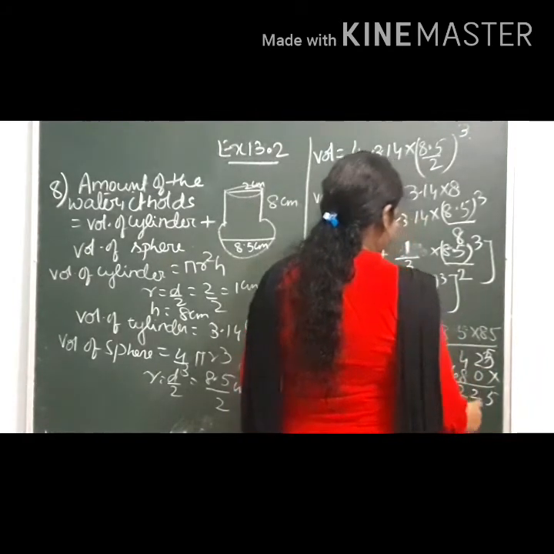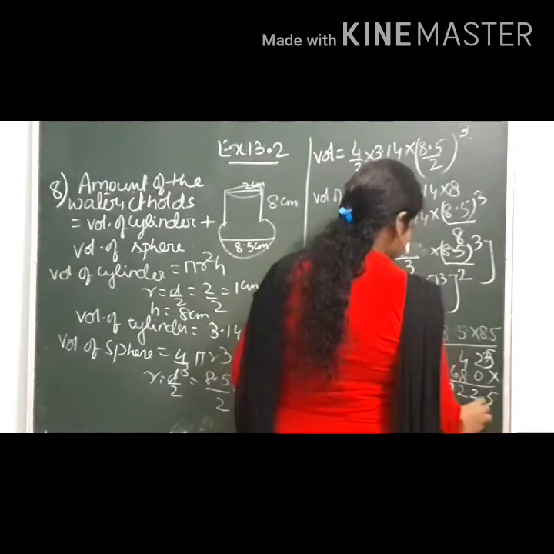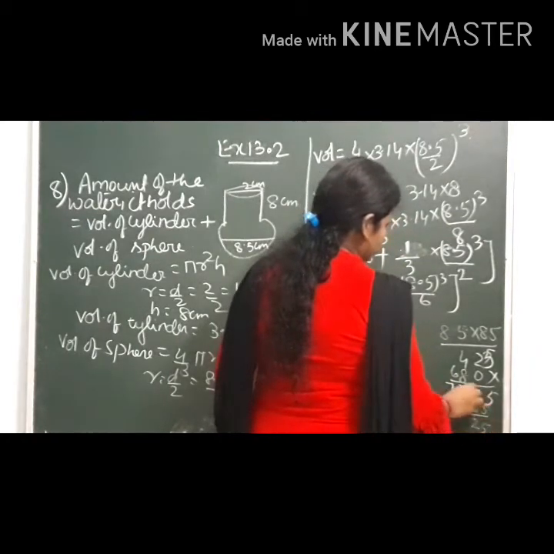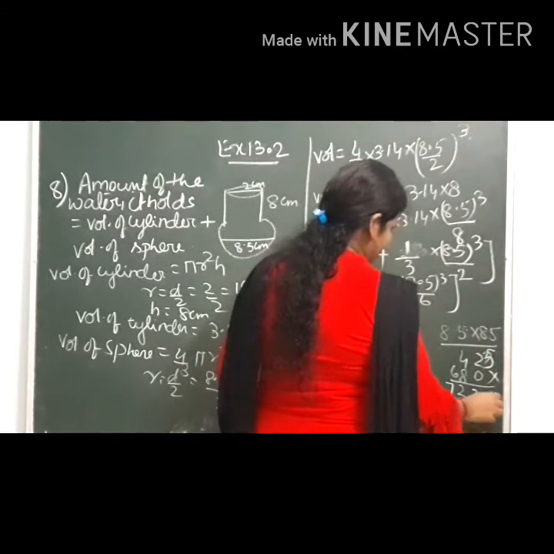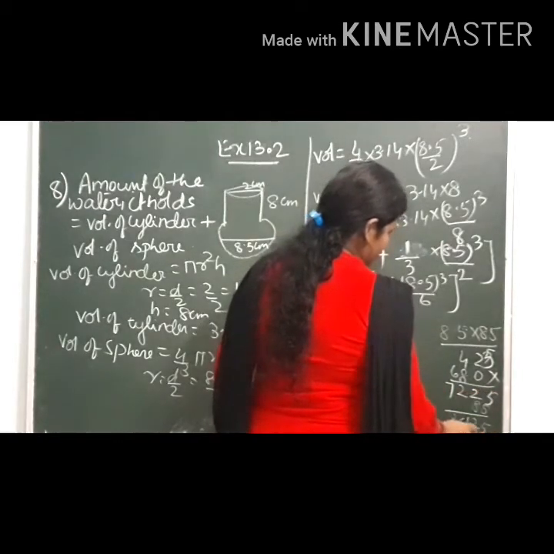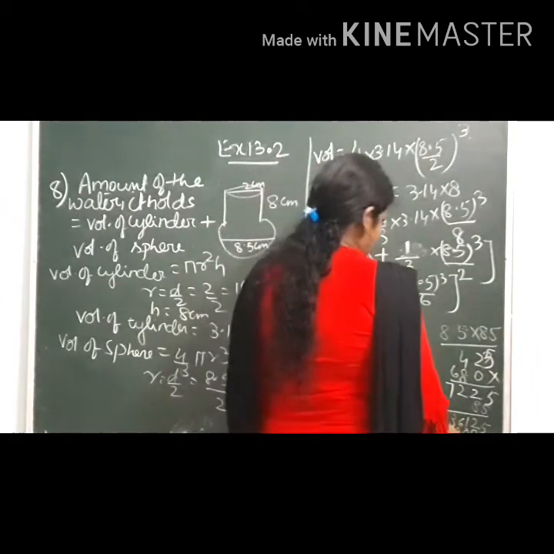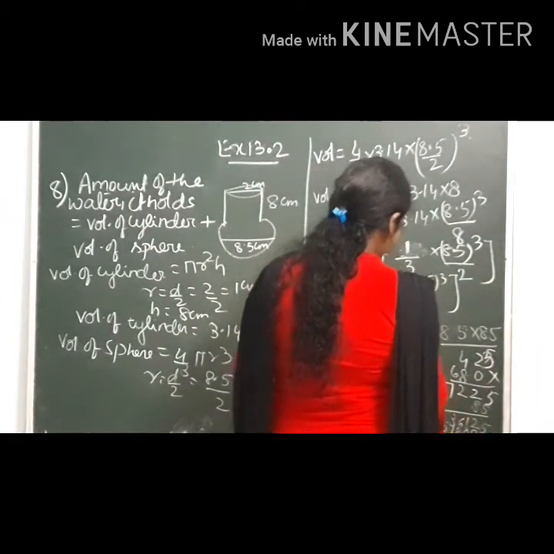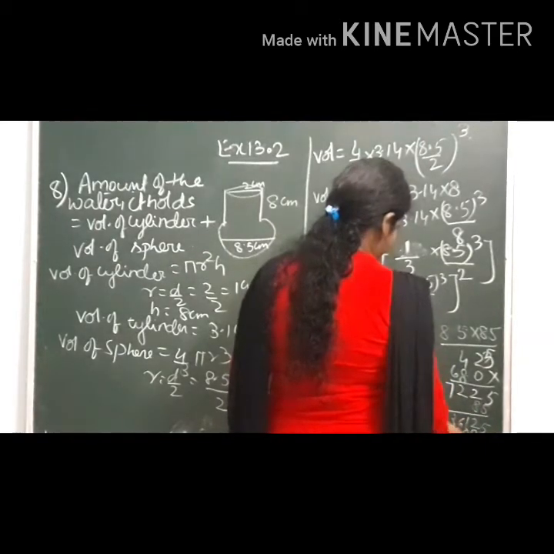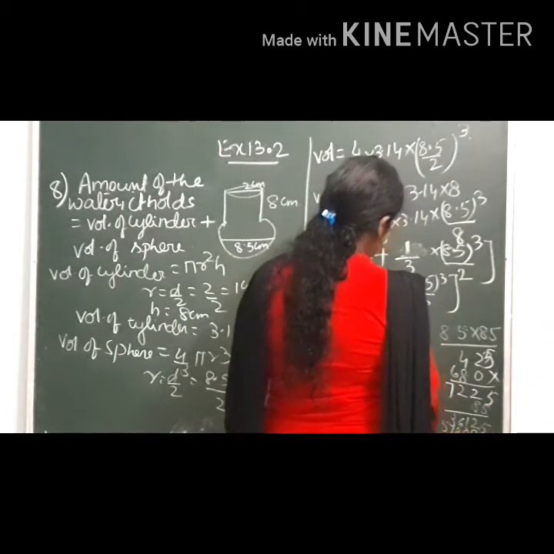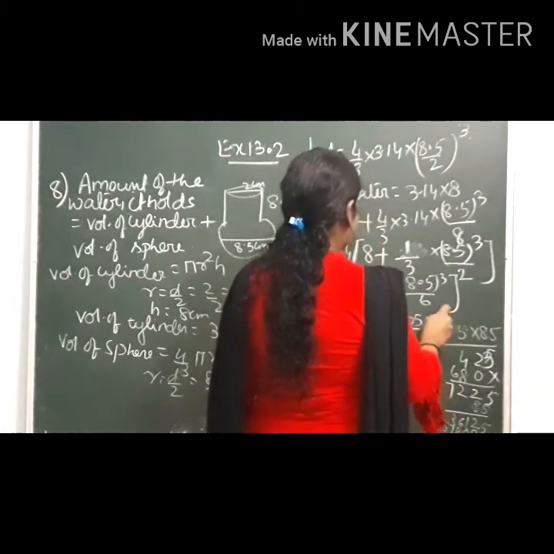Again it is multiplied by 8.5, which gives 614.125. So we will get 3.14 into 8 plus 614.125 divided by 6 centimeter cube.